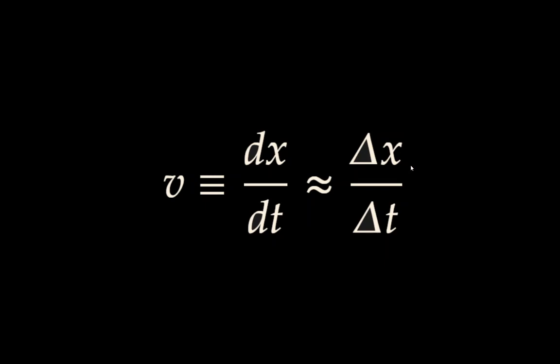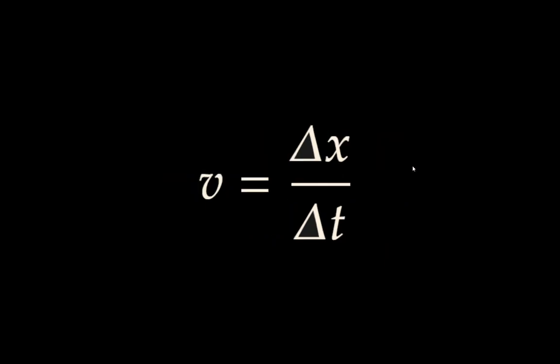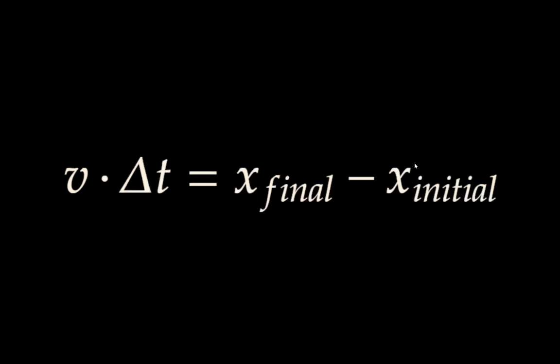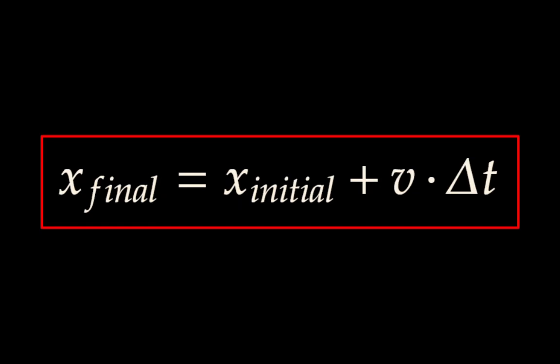So if we rearrange this equation a bit by separating the delta x into final position minus initial position, multiplying both sides by delta t, and then adding the initial position to the other side, we end up with this really powerful equation where you essentially plug in some initial position at a moment in time, and then add the velocity or speed of the object at that moment in time times the small step in time, or dt, which can be something like 0.01 seconds, and then you end up with the final position of that object, effectively reversing the derivative.